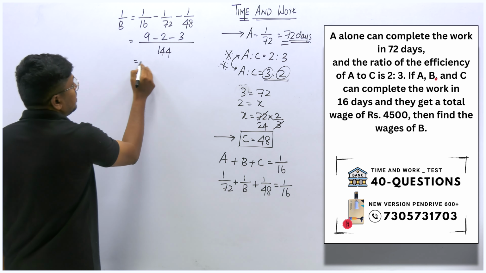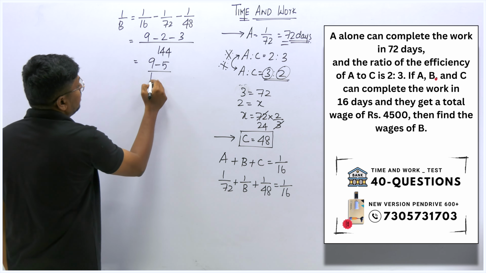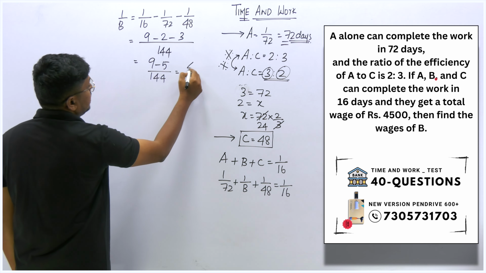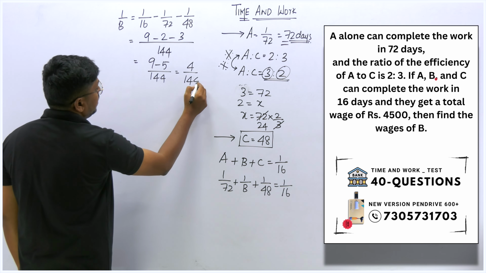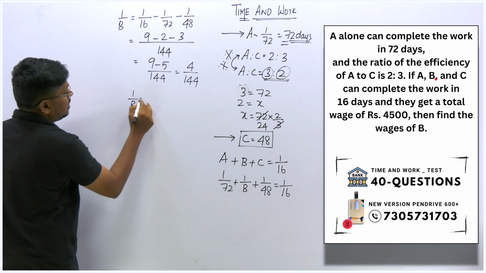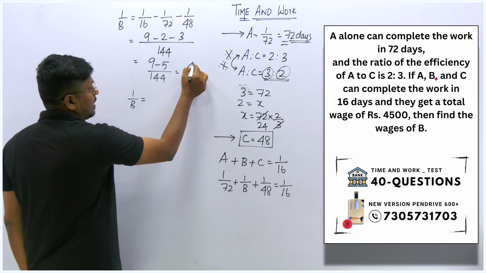So 9 minus 5 divided by 144, so the resultant will be 4 divided by 144. So 1 by B is equal to 4 by 144, we can cancel it.